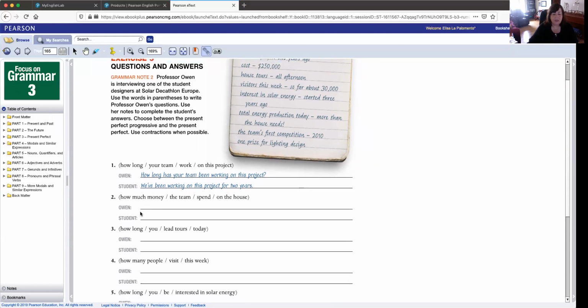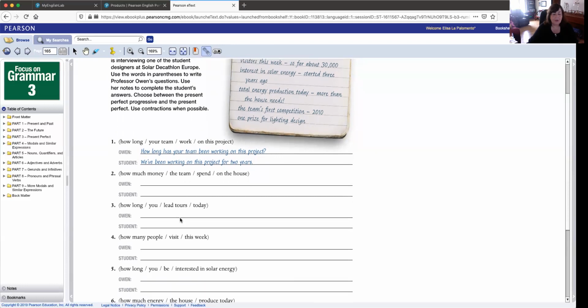So the answer is we have been working on this project for 2 years. Present perfect progressive tense because they are still working on it. Most of the time, if the question is in present perfect progressive, the answer will be in present perfect progressive. If the question is in present perfect, the answer will be in present perfect.